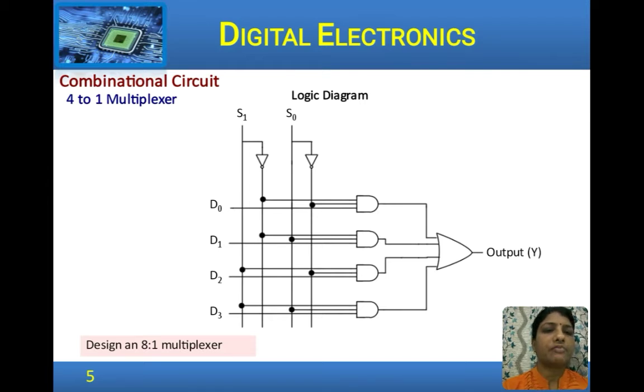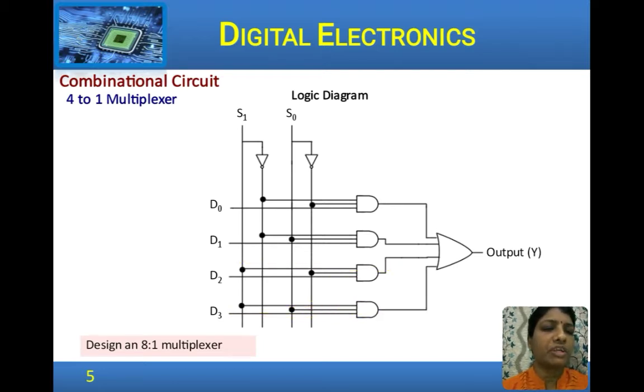So, the logic diagram for a 4:1 mux: 2 select lines are available, both in the complemented and uncomplemented form, and then we have 4 AND gates where the 4 inputs are given along with the combination of select lines. For D0 it is S0 dash S1 dash, for D1 S0 and S1 dash, for D2 it is S0 dash and S1, for D3 it is S0 S1.